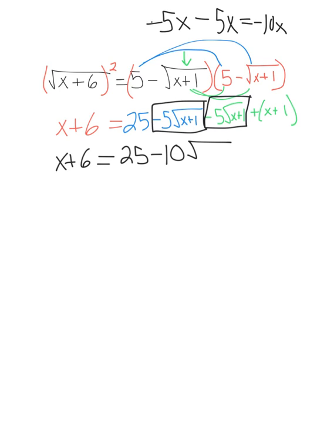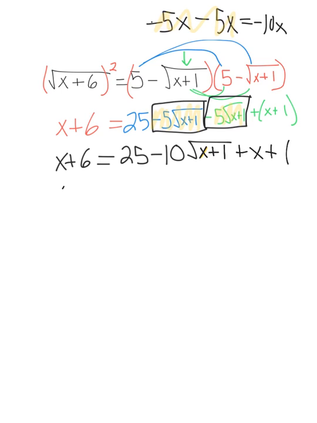So here, and here is basically the same thing, okay? Think of the square root as almost like a variable. So what I would be left with is -10 square root of x plus 1, all right? Plus x and then plus 1.